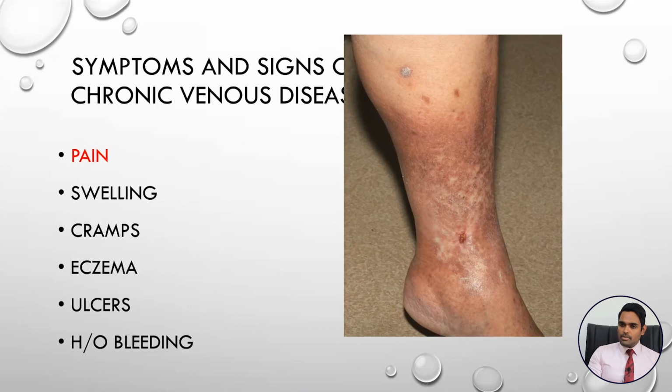Typically it is a heaviness or a discomfort felt mainly at the calf, not on the joints, on prolonged standing, and the patient gets relief of the pain by keeping the legs up on a bed or else putting some pressure onto the leg.